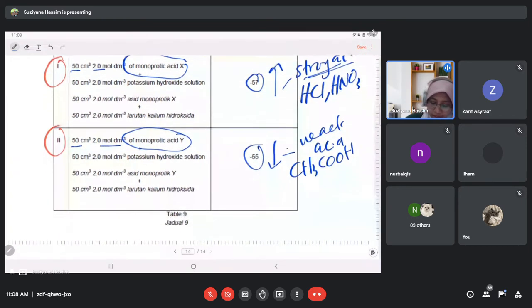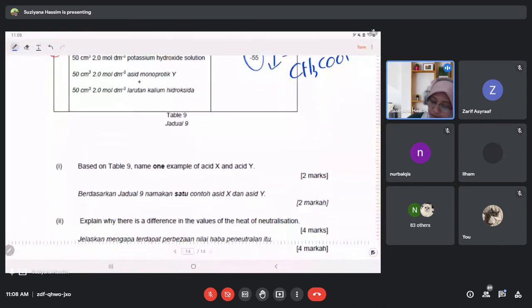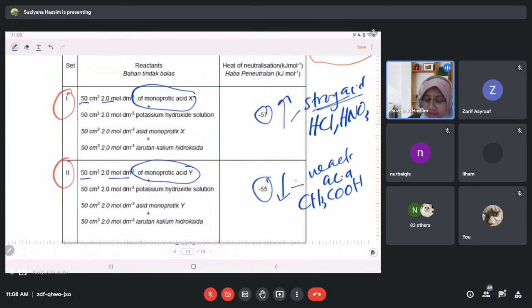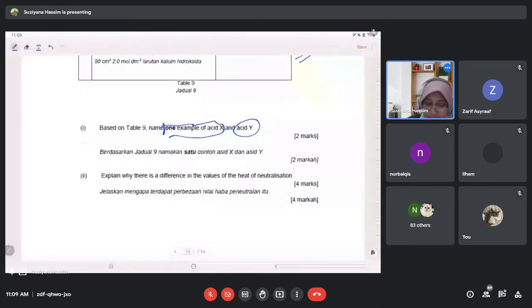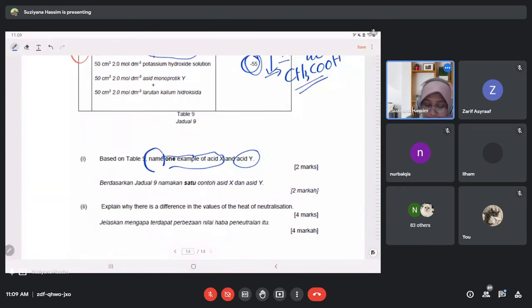Based on table 9, name one example of acid X and acid Y. I taught you this before, right? Look at the value. This is the example answer. This is a chemical formula, but they ask you for the name. If you write HCl you lose marks, even though it is correct. Be careful.